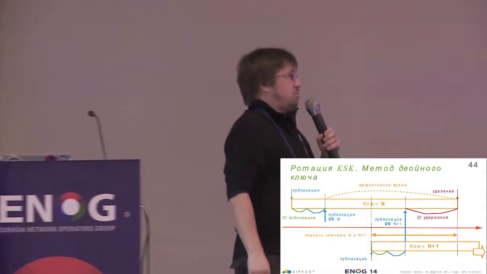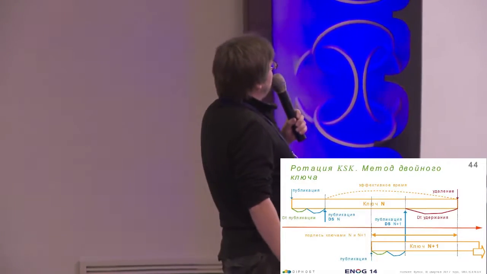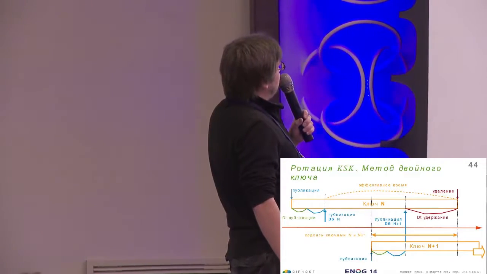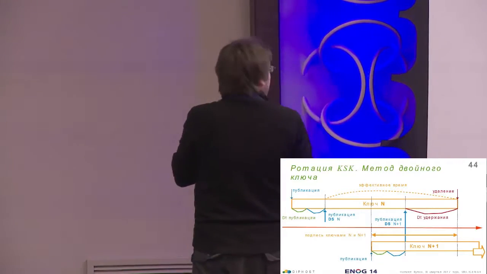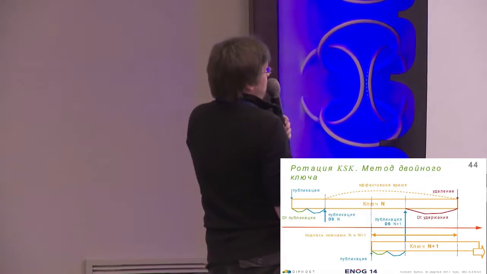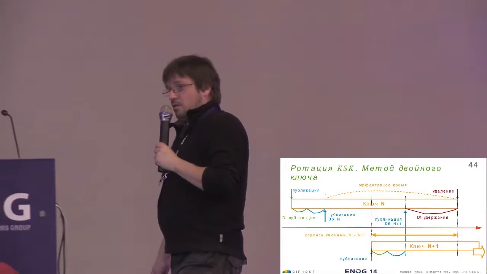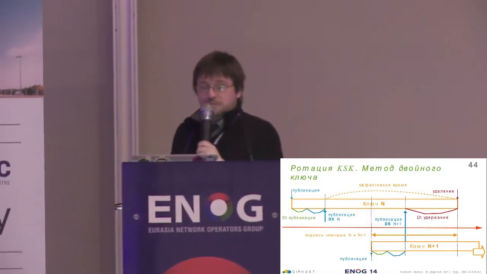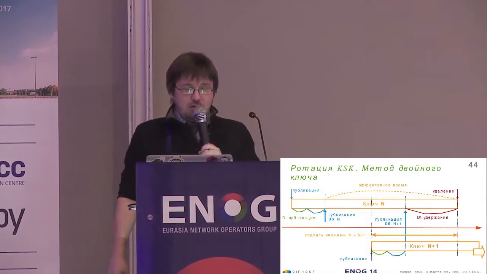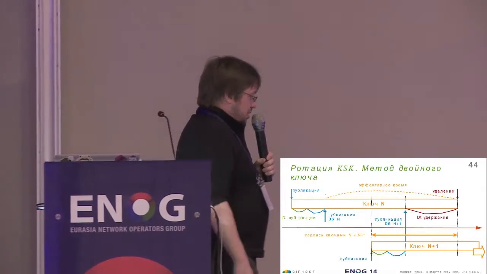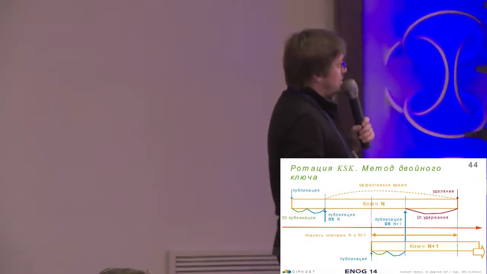And accordingly, it looks similar to your zone signing key, apart from one thing. You need to post your DS records. And accordingly, DS records, with them you have problems.